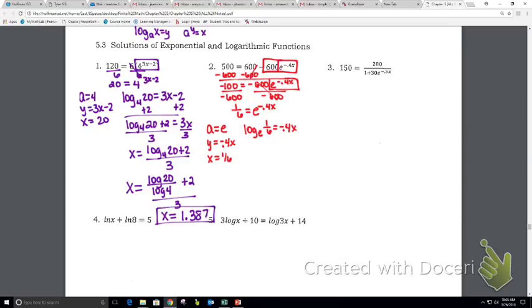Log, just because it's 10, right? I think. No. Different things. Yeah, this is log base e. What is log base e? Natural log, right? So we got the natural log of 1/6 is equal to negative 0.4x. And divide by your negative 0.4. That's what I was thinking of.